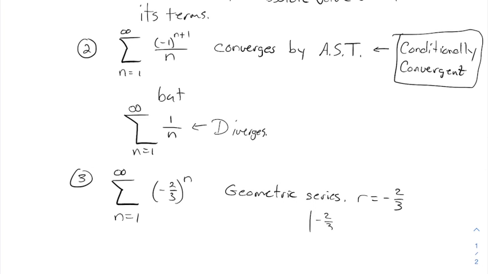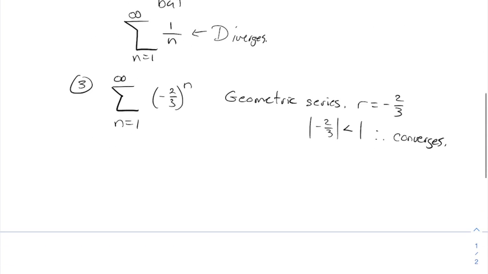If we take the absolute value of that, it's less than 1. Therefore, it converges. So we know the series converges, but now my second question is, is it absolutely convergent or conditionally convergent?